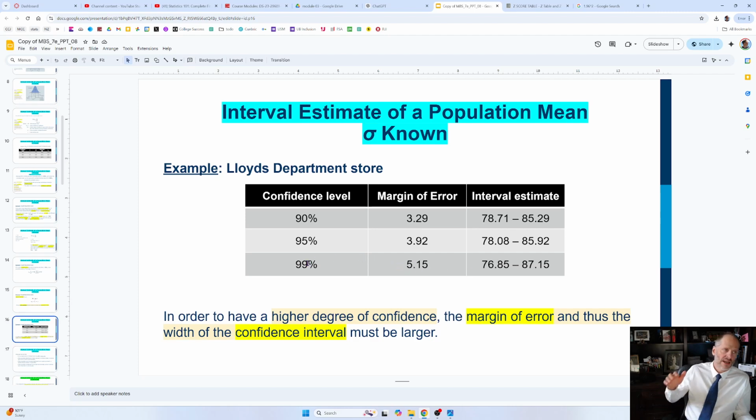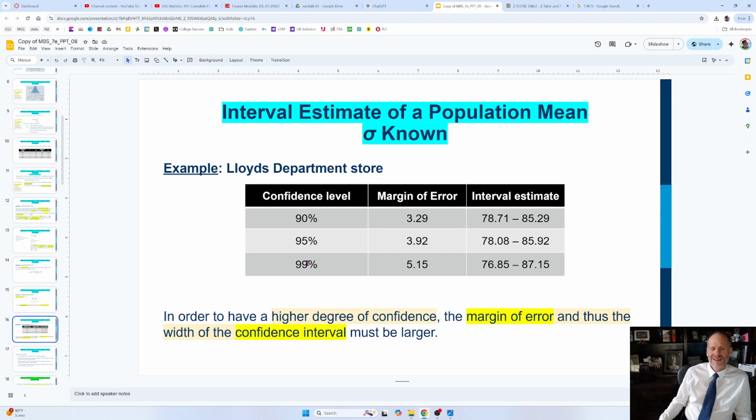Because if the average height from my sample is 5 feet 8 inches of humans, and I say I have 99% confidence that most humans are going to be between 1 foot and 10 feet, that's true, because I have a really wide margin of error. So it's going to be 5'8" plus or minus 4 feet.